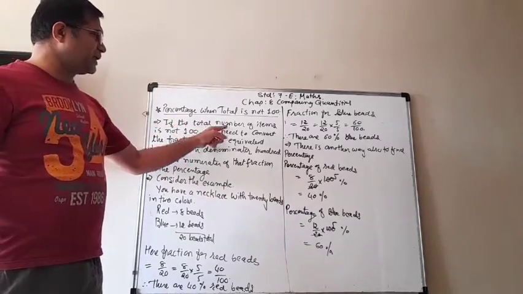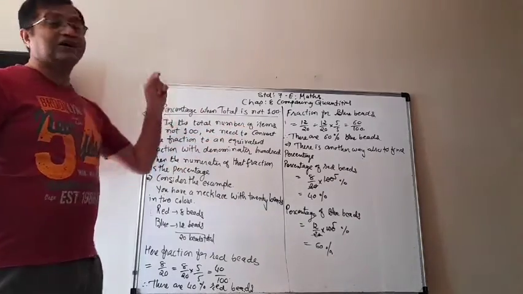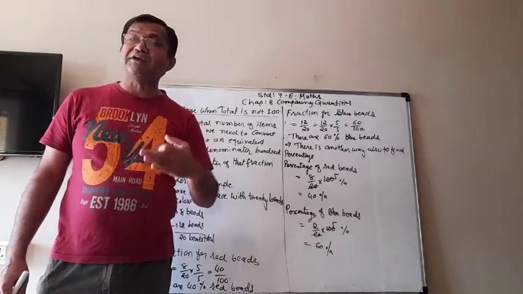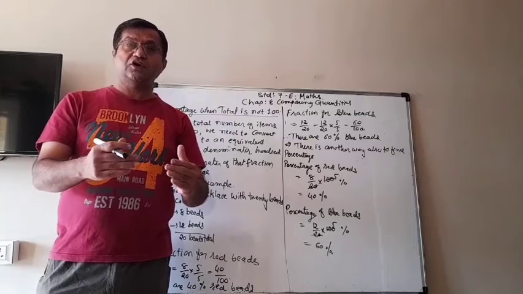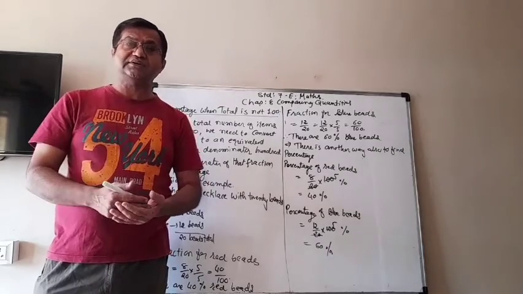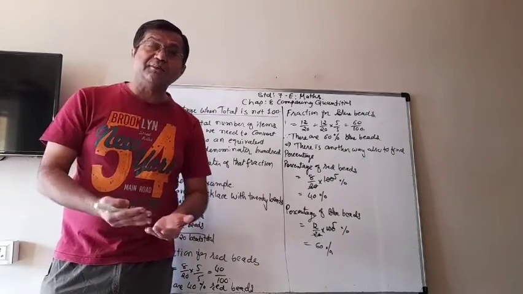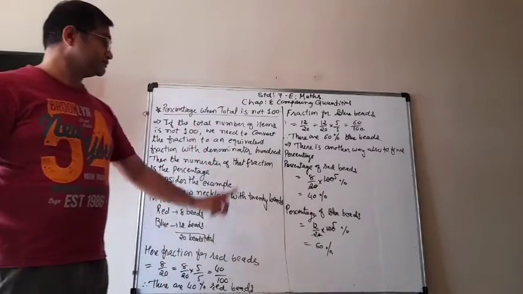If the total number of items is not 100, then we have to find the equivalent fraction such that the denominator will be 100.